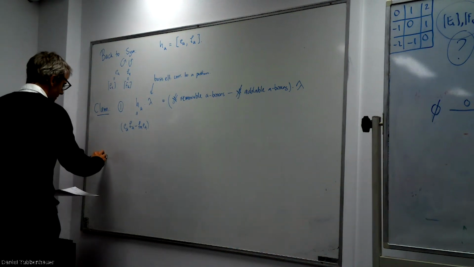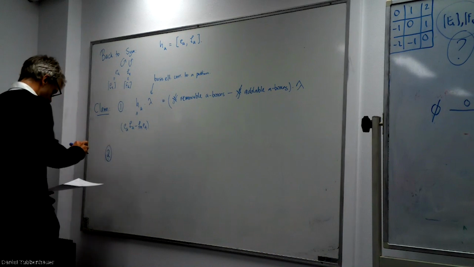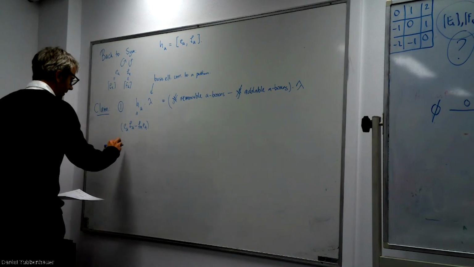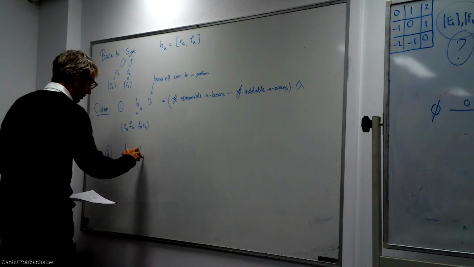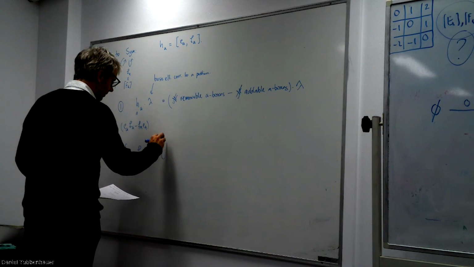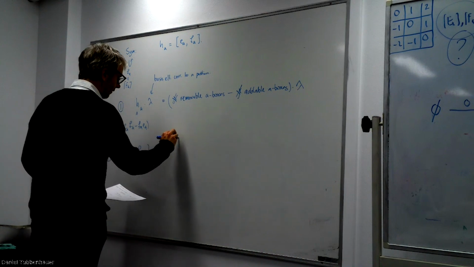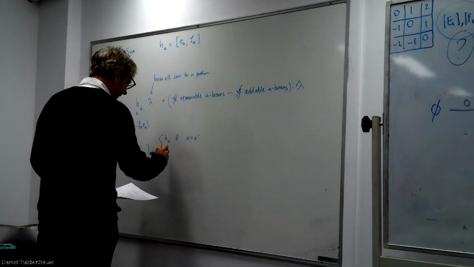Is this the relation that Daniel was worried about? E_A F_A prime is H_A if A equals A prime and 0 otherwise.